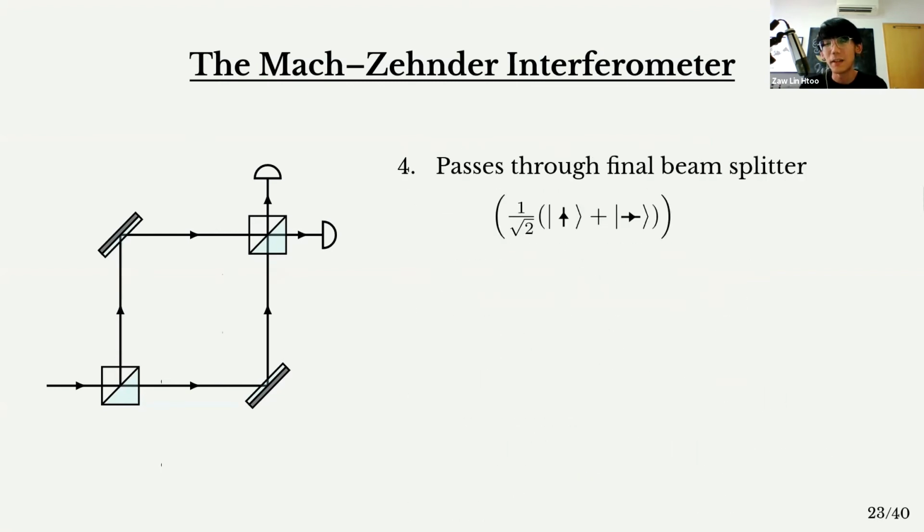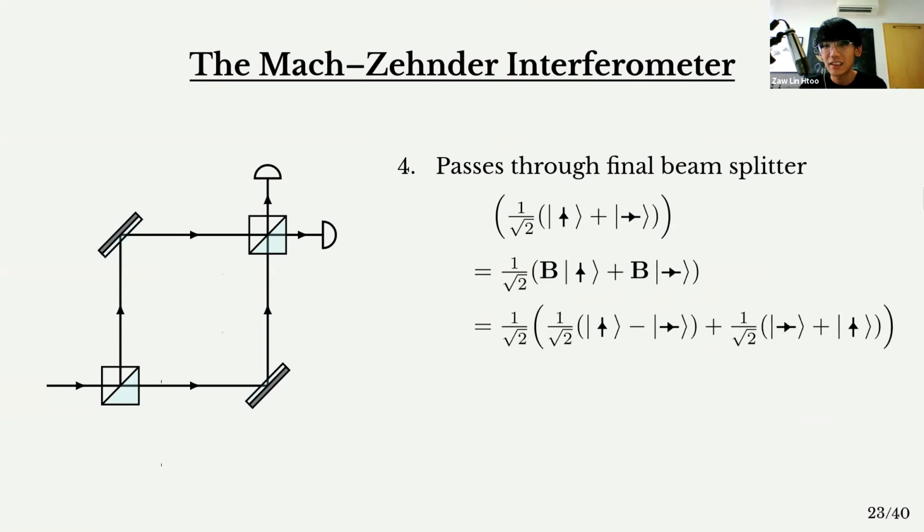And it passes through the final beam splitter. We know how the beam splitter acts on the up state, and we know how it acts on the right state. So if we just plug in what we know previously, you remember that I pointed out that the signs, the plus and the minus, are different, right?